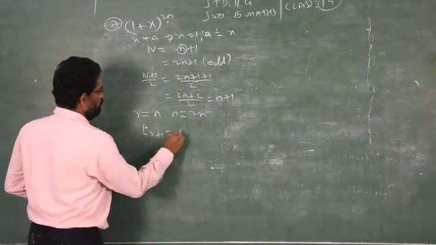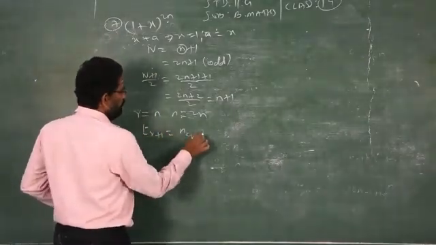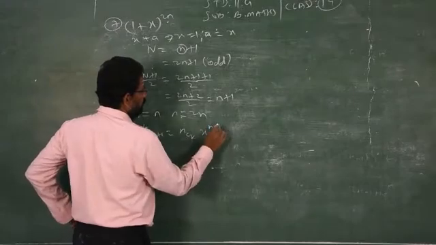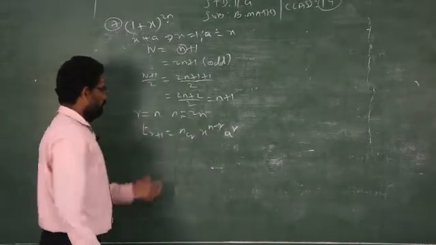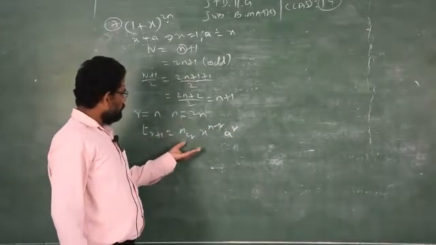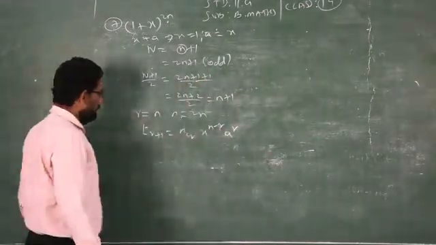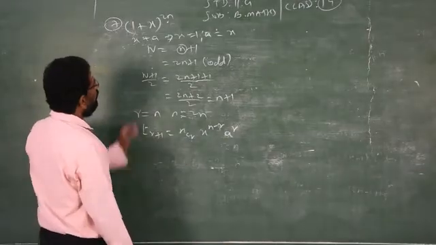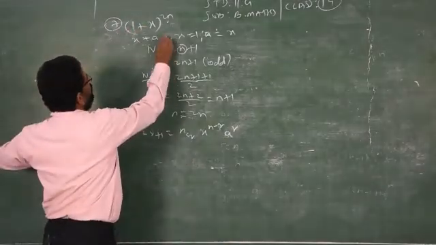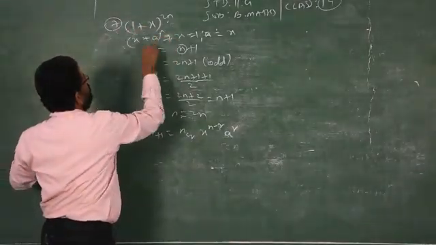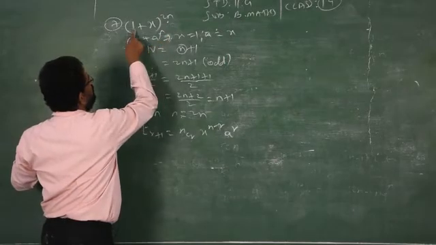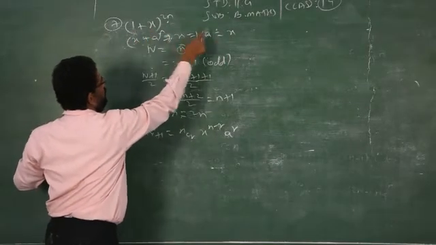TR plus 1 is equal to NCR x power n minus r a power r. Do it. After substituting these, you have to follow the previous method, you will get answer. Clear? Just I am comparing with the general formula x plus a whole power n, x is replaced by 1, a is replaced by x.